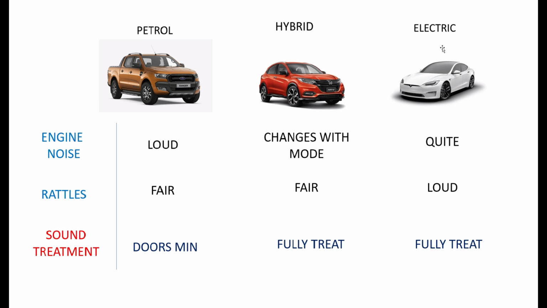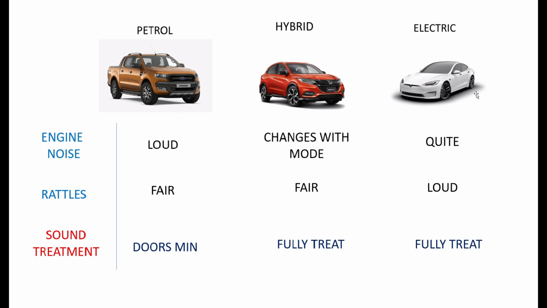Whereas in an electric vehicle, when it's driving, actually the engine noise is pretty quiet, right? Like it's super quiet, right? You can't really hear the electric engine, right? But what you tend to find though with electric vehicles is they're usually built quite lightweight for a couple of reasons.